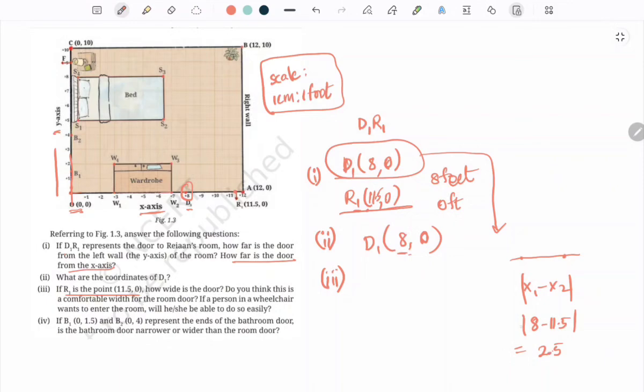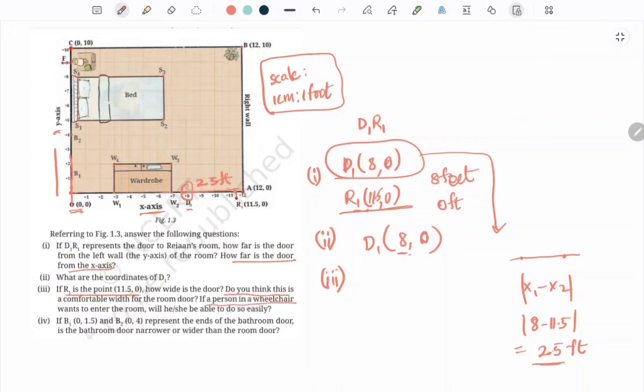Here the sign doesn't matter, because we are measuring just length. Distances or lengths in real life cannot be negative, which means the distance from here to here is 2.5 feet.